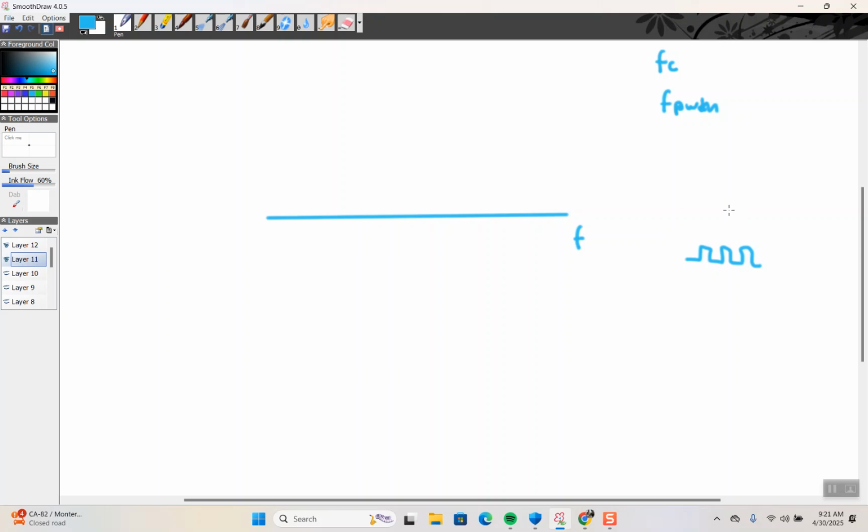And if FC goes up, this is going off and on more, and it gives you more control, right? So the smaller this is compared to FPWM, the more clocks I can get in there, the finer I can control.